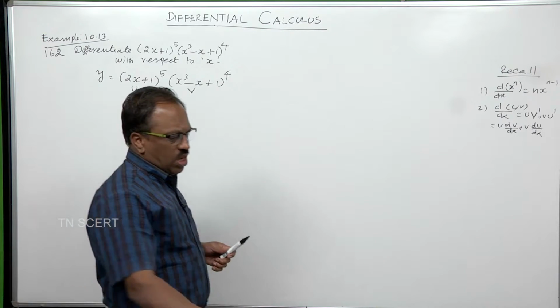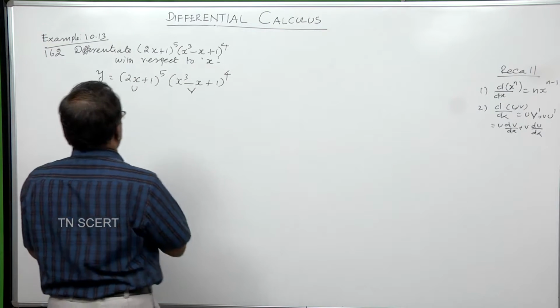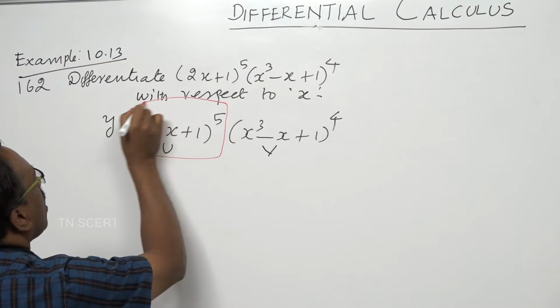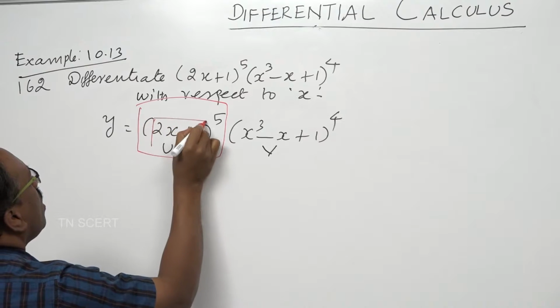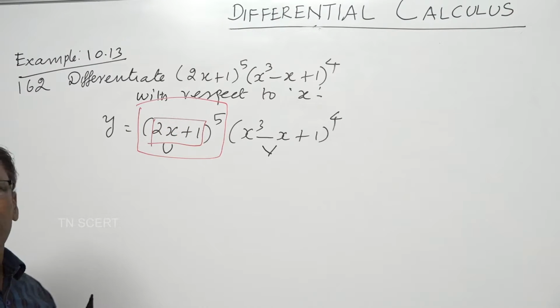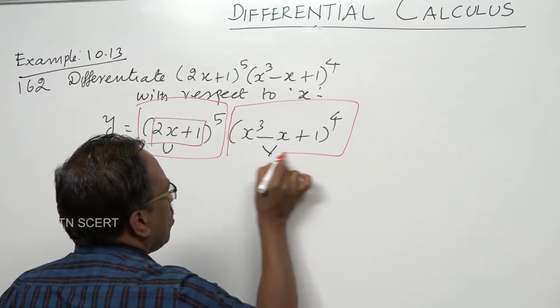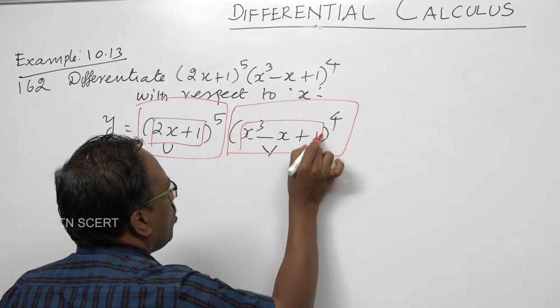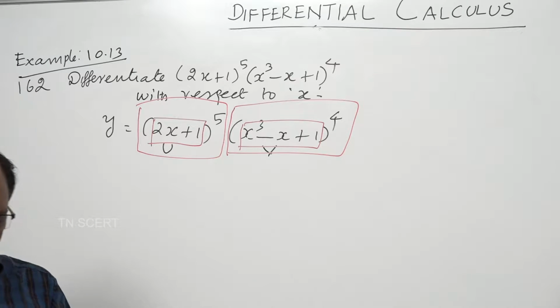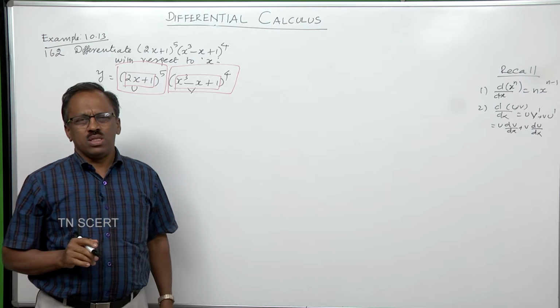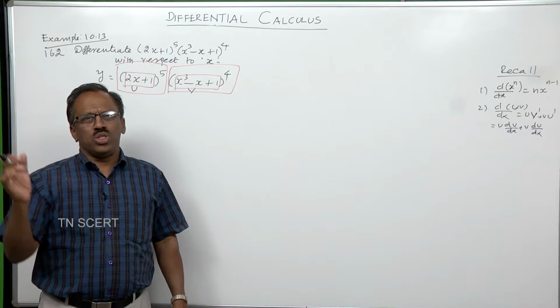So, how many functions exist here? Here it involves 2, and here also it involves 2. So, 2 boxes are to be opened, remember that. Whenever you are differentiating each one, you have to differentiate twice, as it is a function of a function.